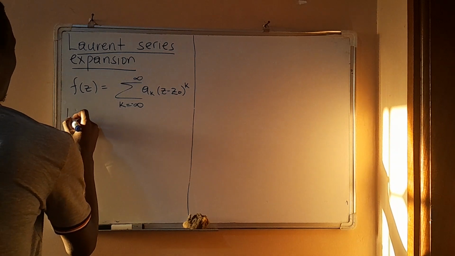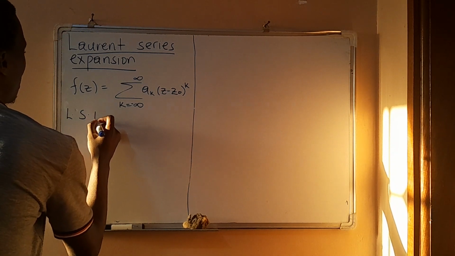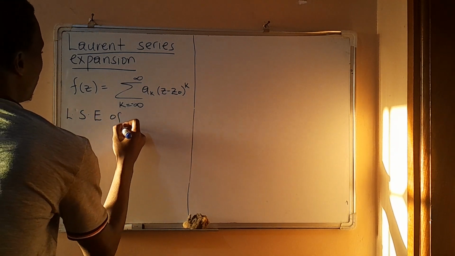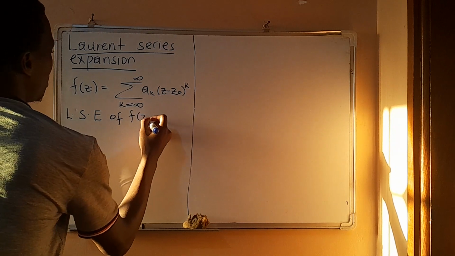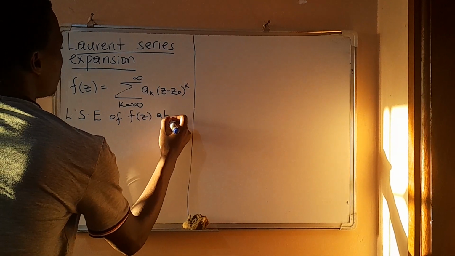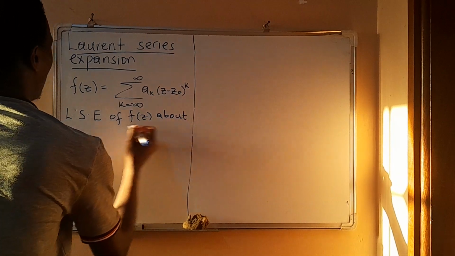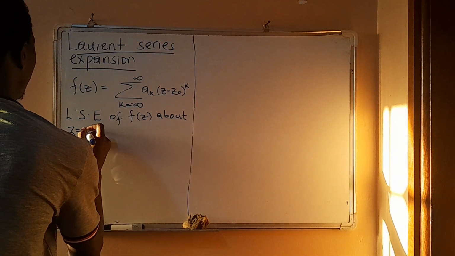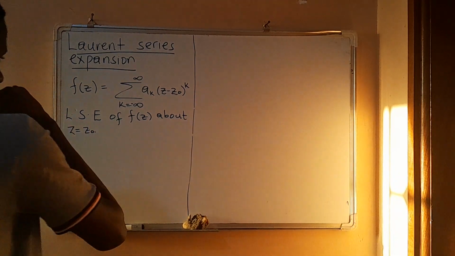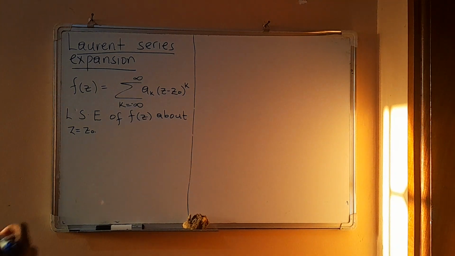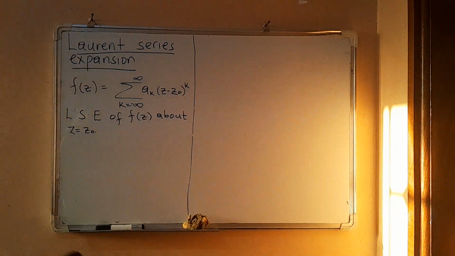This is a Laurent series expansion of f of z about z equals z naught. Now this expansion has two parts.